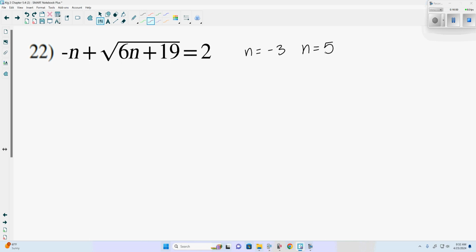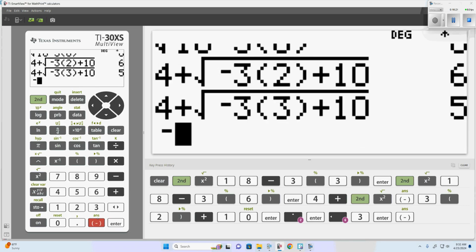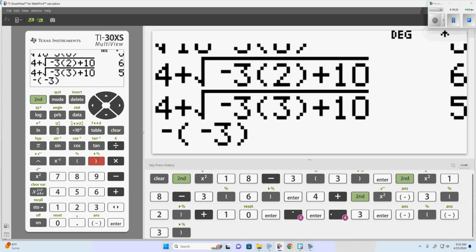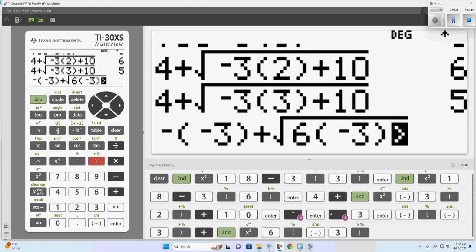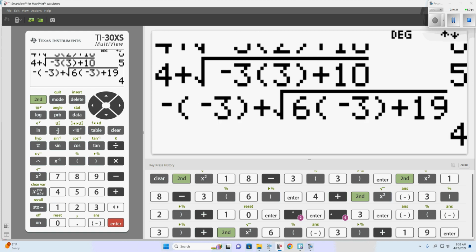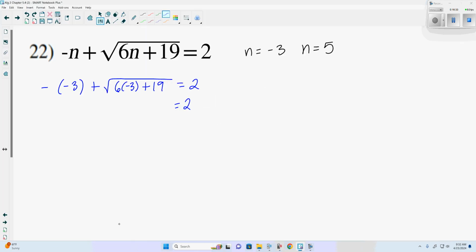Which one of these two do you think is probably not going to work? Let's do negative 3 first. So we have negative 3 plus the square root of 6 times negative 3 plus 19 is equal to 2. Well, the right-hand side is 2. So negative 3 plus square root of 6 times negative 3 plus 19 is 4. 4 does not equal 2.